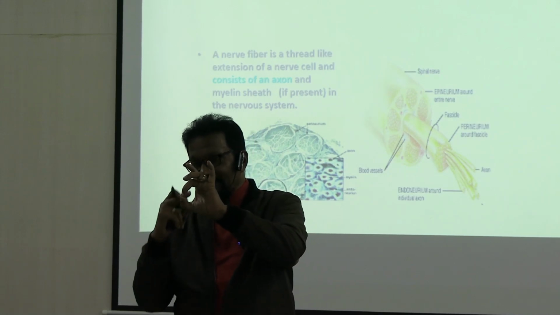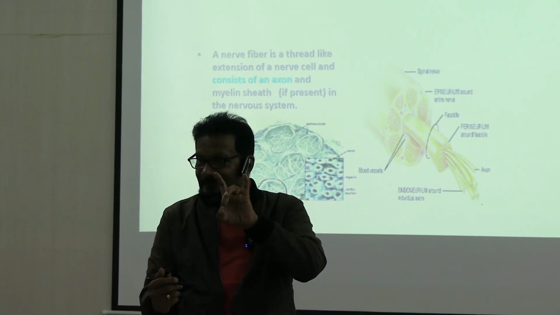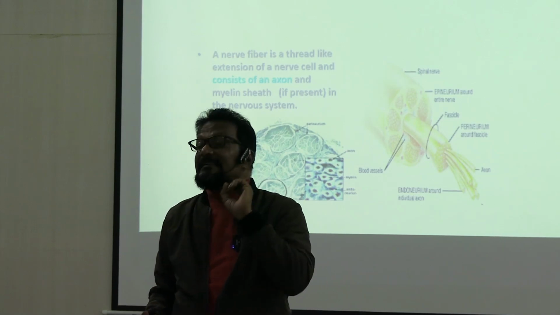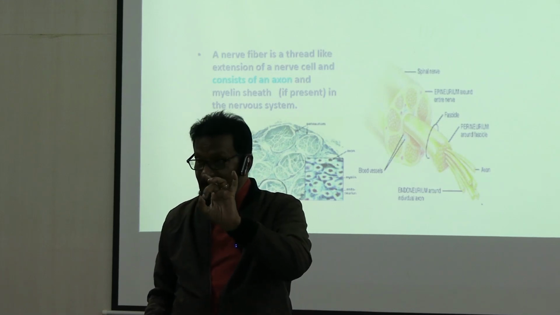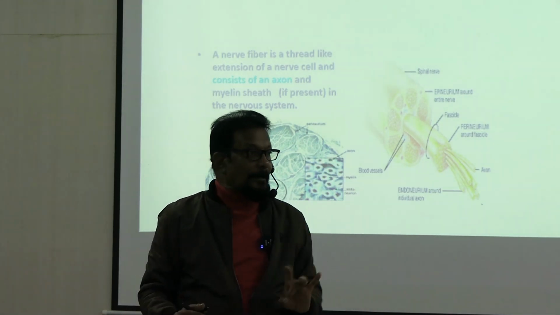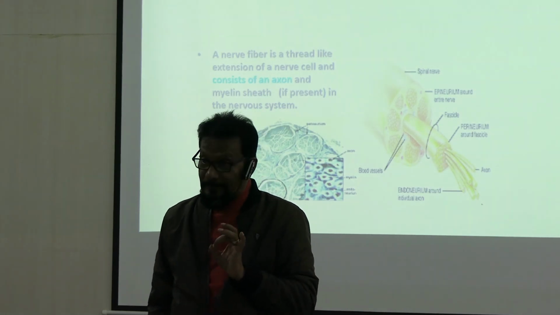This bundle having multiple axons is called fasciculi. One bundle is called a fasciculus, and if there are a number of bundles, then they are called fasciculi.